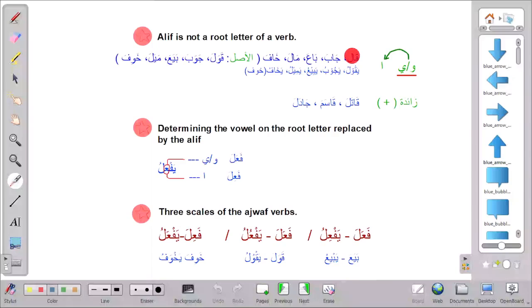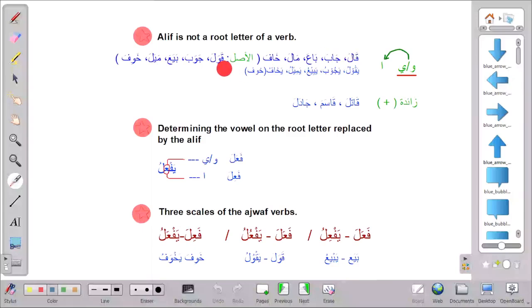Because at least it should have three root letters, like fa'ala. Here the qaf is the first root letter, then the middle root letter, of course, is where the alif is, but we are saying it's not a root letter, then the lam. So they are supposed to be three, but we are saying that alif is not a root letter. We'll see why it is there, and where the root letter which is supposed to be there is.